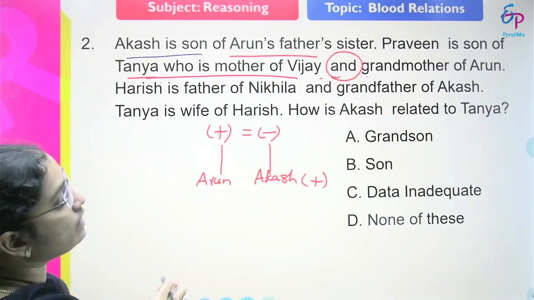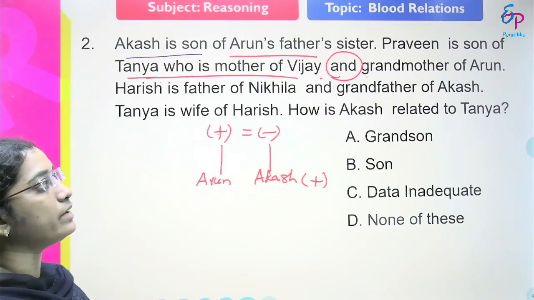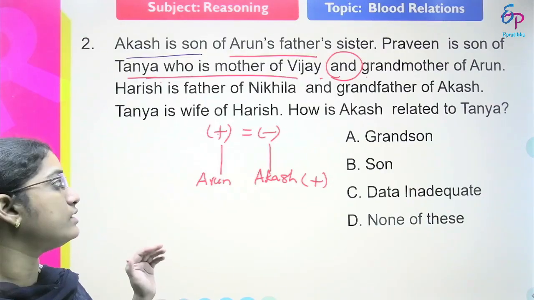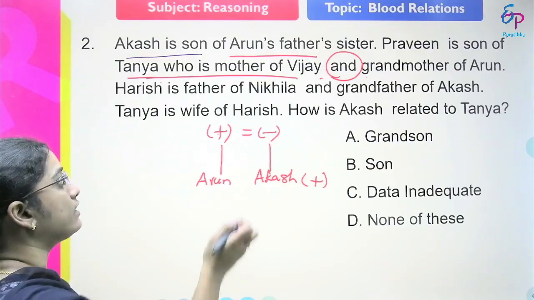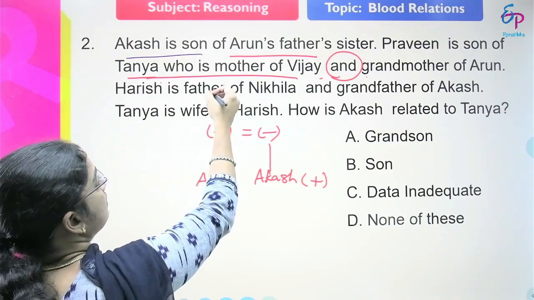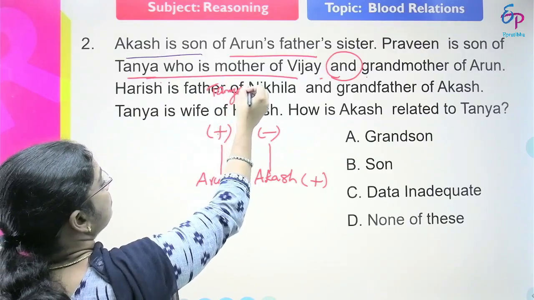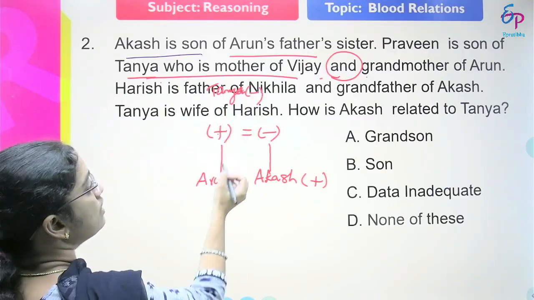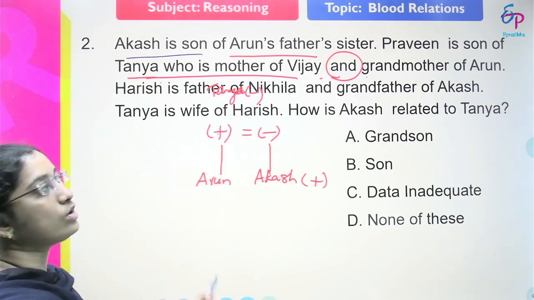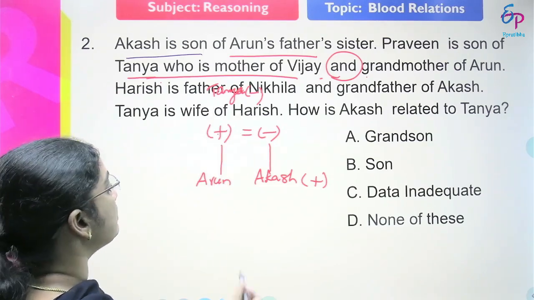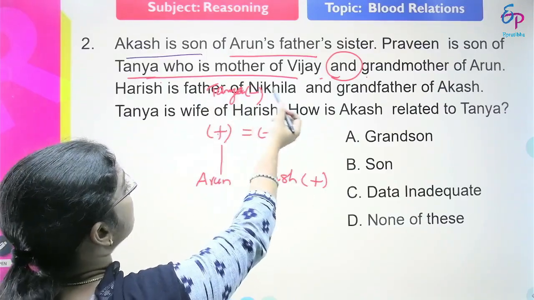Grandmother means maybe she is Arun's father's mother or mother's mother, we don't know exactly, but that person is in the first generation, so before Arun's generation. I am not indicating a plus symbol or any line for Tanya. Tanya is grandmother of Arun, and before that Tanya is mother of Vijay.